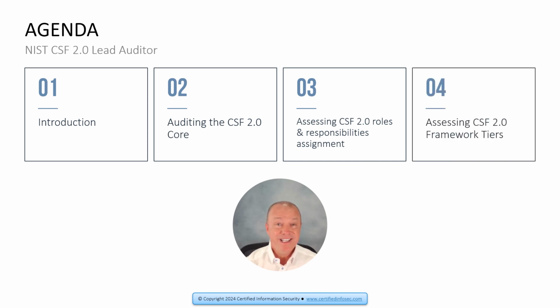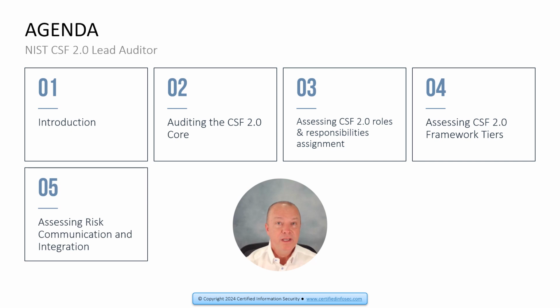Following that, we'll see how the organization has properly used the core recommendations to actually assess and manage cybersecurity risk. And then finally, we will look to assess how the NIST CSF recommendations for cybersecurity risk management are communicated and integrated into the organization's overall approach to enterprise risk management.